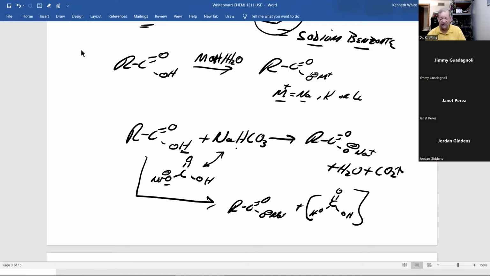Now, if we look at this, and this has a name, carbonic acid. And if I look at this hydroxy group and that hydrogen, let's see, 2 hydrogens and oxygen, that's water. And if you take this and this, what's left? 1 carbon and 2 oxygens. That's CO2. This immediately breaks down to water and CO2.